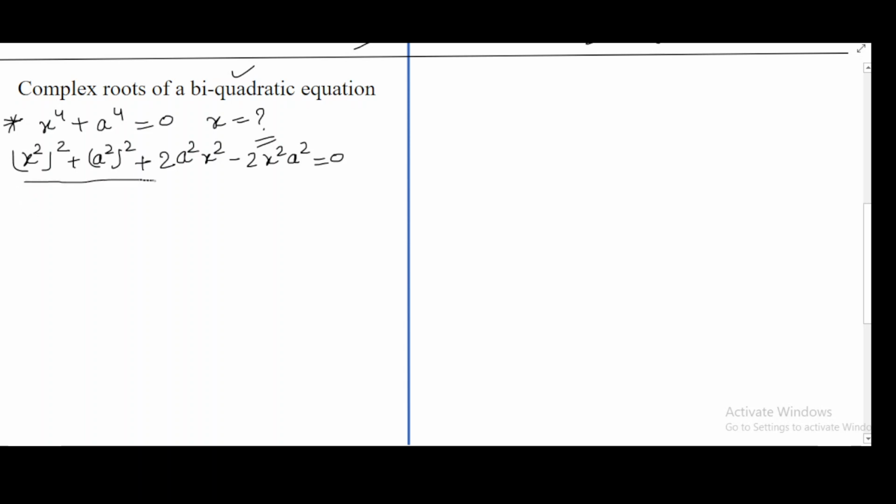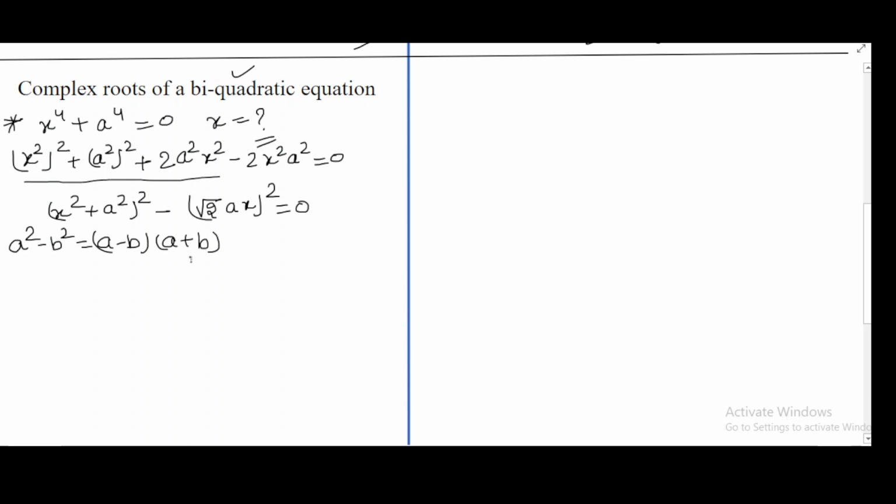This x to the power 4 plus 2a square x square plus a to the power 4 is the whole square of x square plus a square, and next I am getting minus root 2 ax whole square equal to 0. Now we can expand it by using the formula a square minus b square, that is (a minus b)(a plus b).